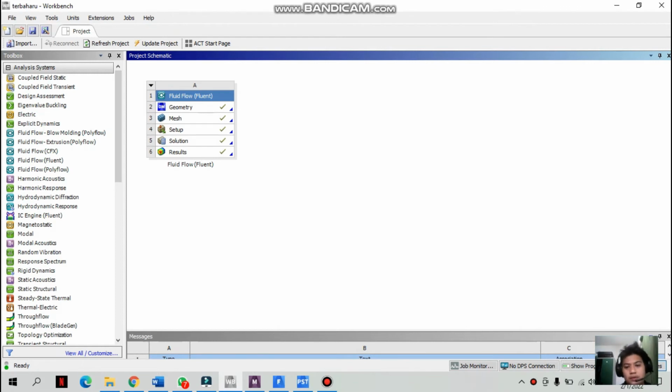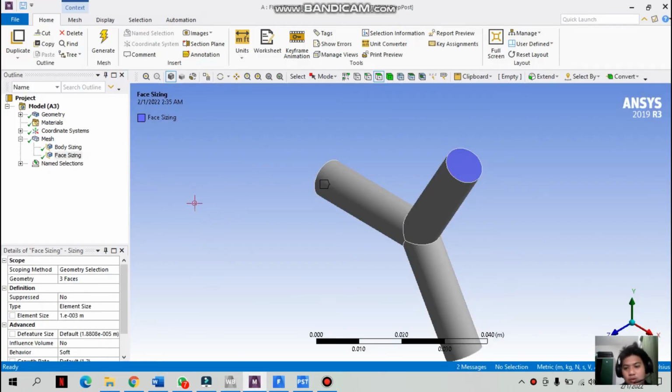Okay, we continue for another part. Open the Y connector. So click mesh. This is a mesh selection. This is the geometry.